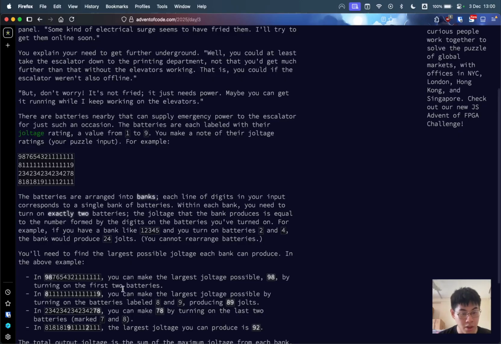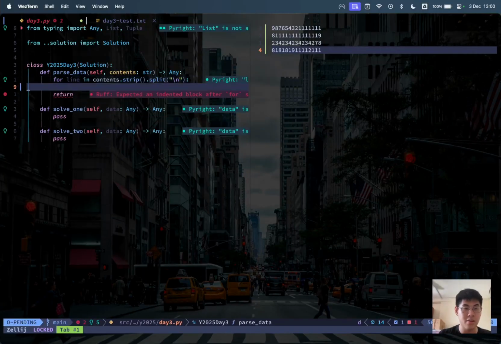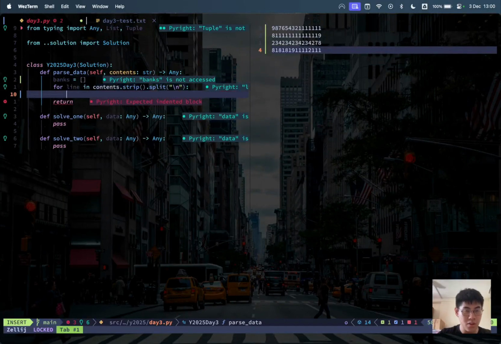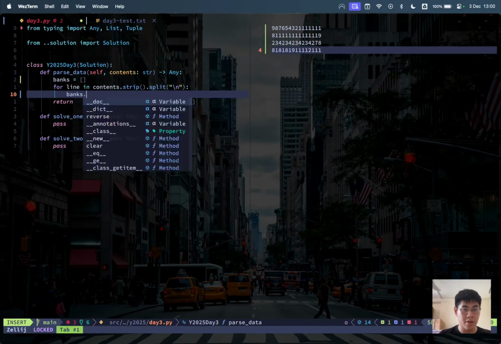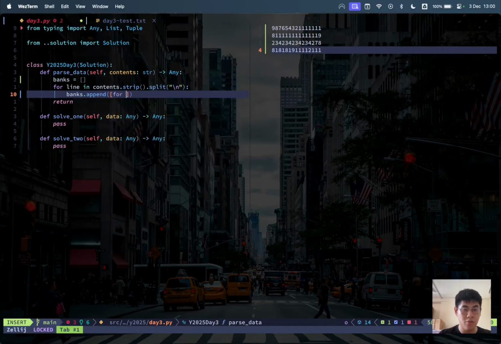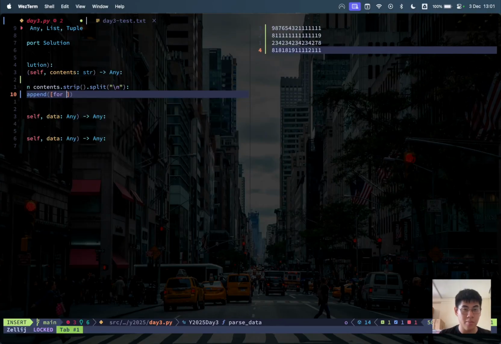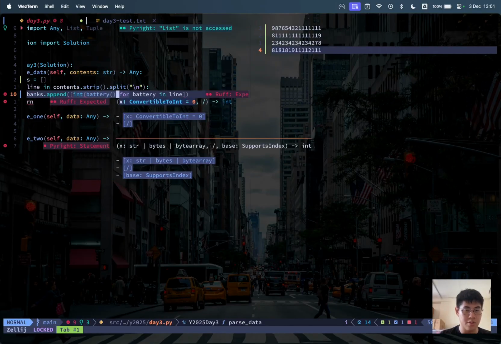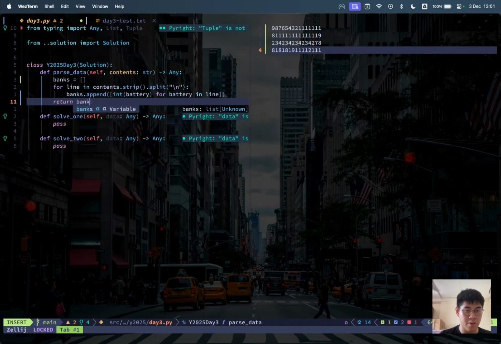Okay. Basically, I think let's just parse it first. So for every line, this is the banks. The banks can append, for every battery in the line, int of this battery, and we can just return these banks.